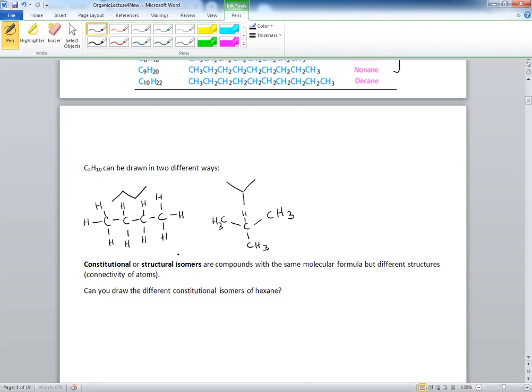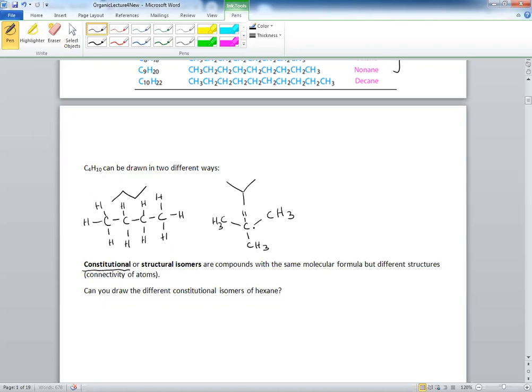Of course, there's a difference between them. So these are what we call constitutional or structural isomers. We mainly use constitutional isomers, but in case it's used interchangeably, it would be called structural isomers. They're compounds with the same molecular formula, but different structures, meaning the connections are different between the atoms.